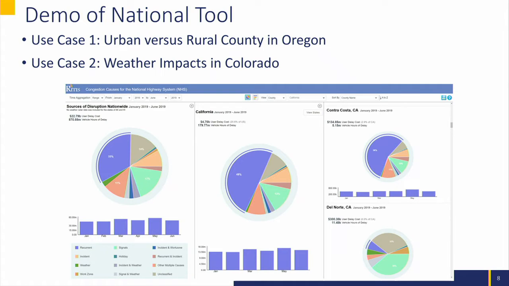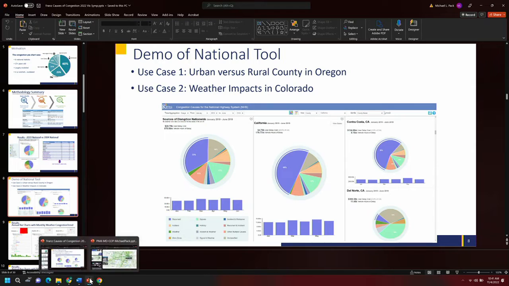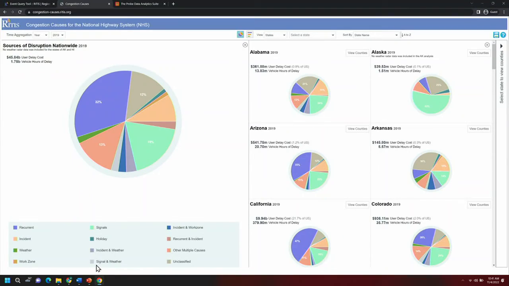So I'll jump out for a moment and demo this national level tool. This is embedded in our RIDIS system for those who have RIDIS accounts, but this particular one is open source because it was a federally funded project and we wanted to give access to a broad audience.